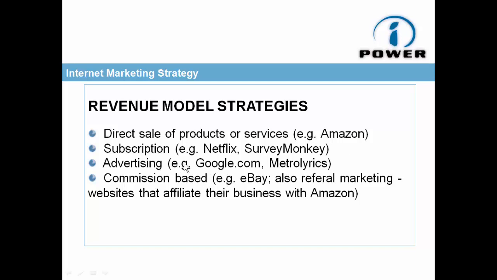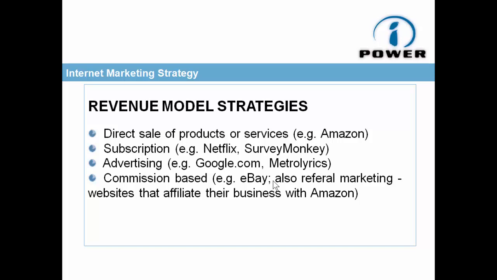Advertising, for example: companies like Google and Metro Lyrics generate huge traffic on their websites, and only later leverage that traffic through ads on their website. And finally, number 4, commission-based companies like eBay act as a middleman and get a certain fee for every transaction. One other example is so-called referral marketing.